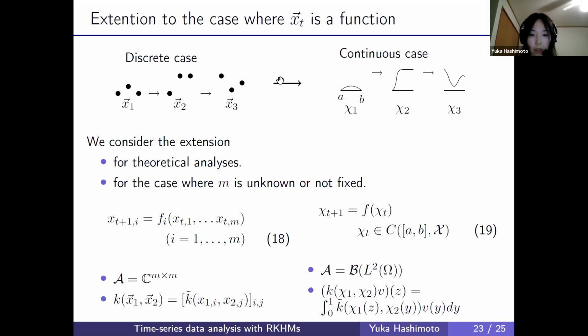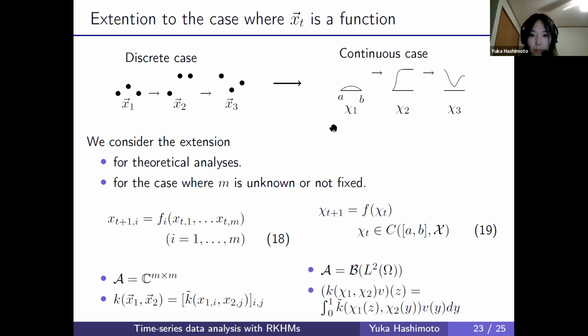But instead of this, we consider that there is a continuous function, and it changes by time. We consider the extension for theoretical analysis, and also for the case where the number of elements m is unknown or not fixed.